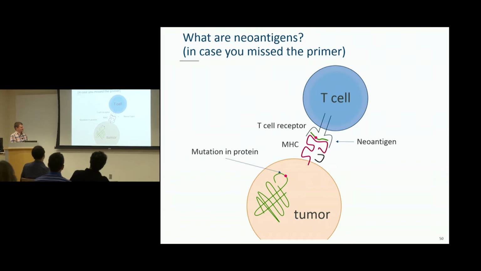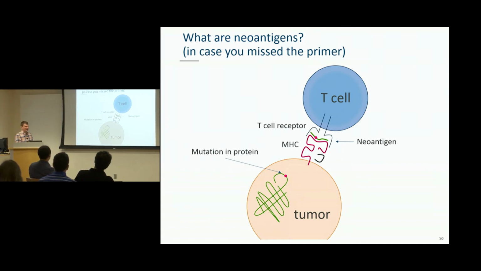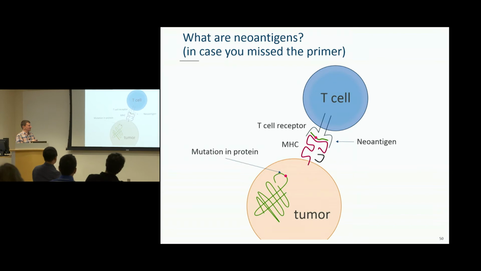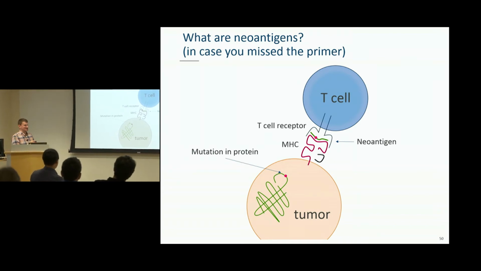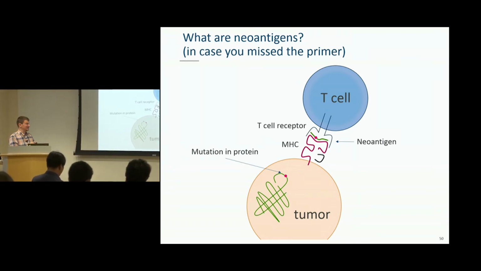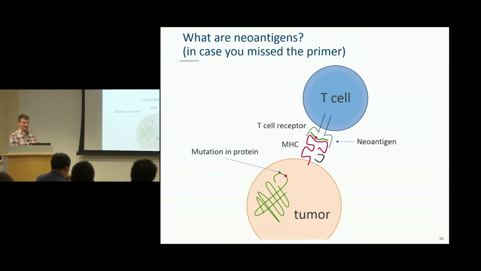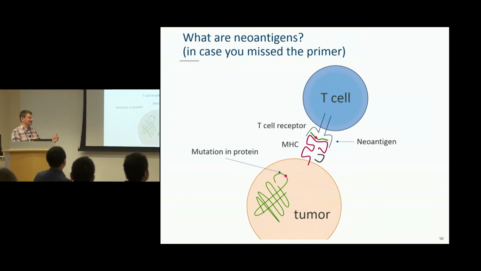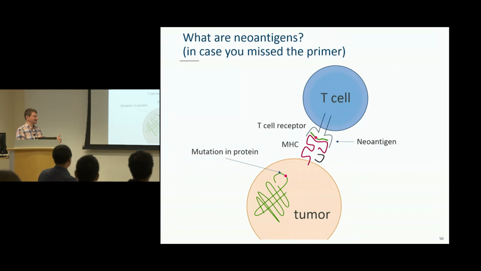And these novel sequences can be recognized as non-self. And it really seems like these are the mechanism behind the therapeutic successes of checkpoint therapy. It seems that what T cells are recognizing in productive anti-tumor immune responses is typically actually these mutated peptide antigens.